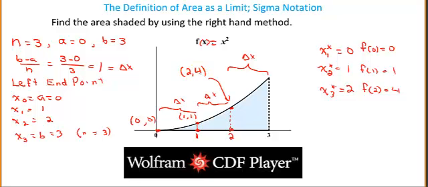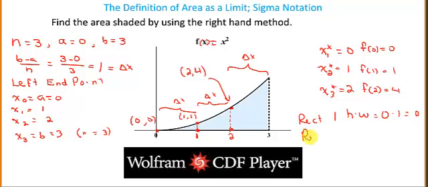These points determine the height of the rectangles. So the first rectangle is going to have a height of 0. The height times the width is 0 times the width, which is delta x, which is 1, and that's 0.